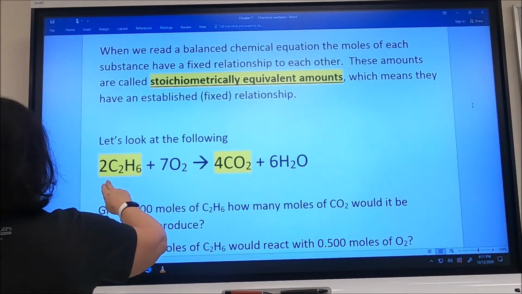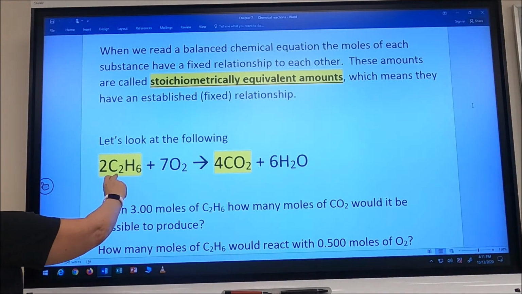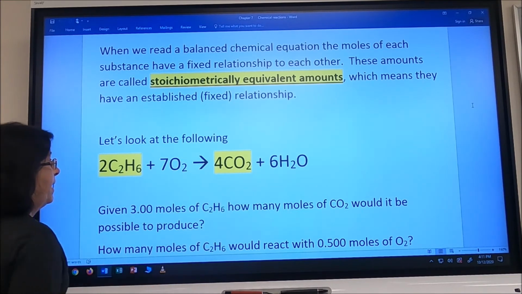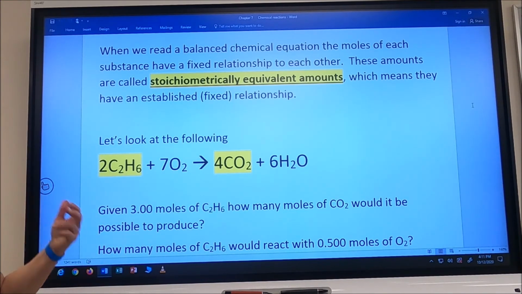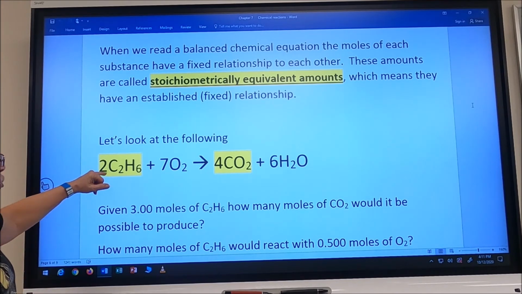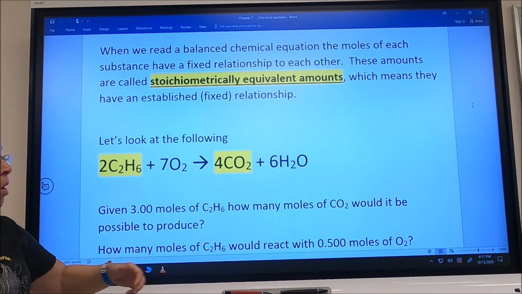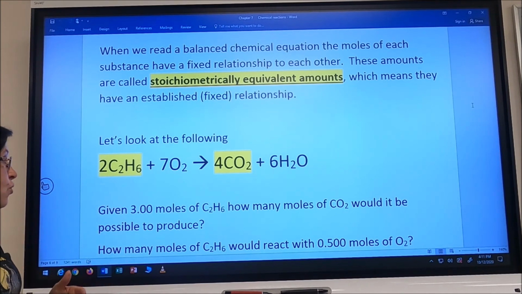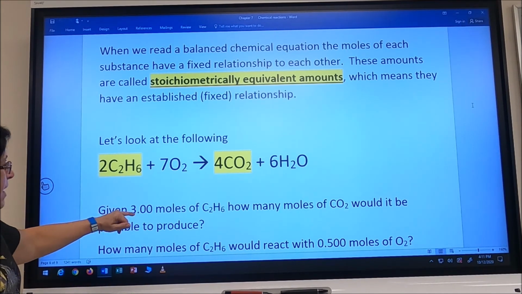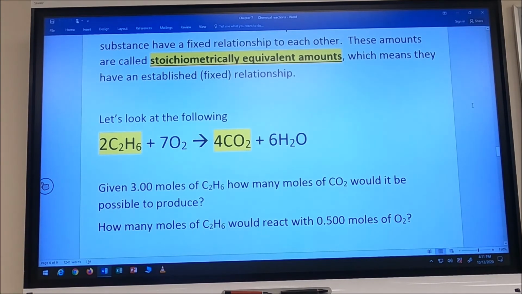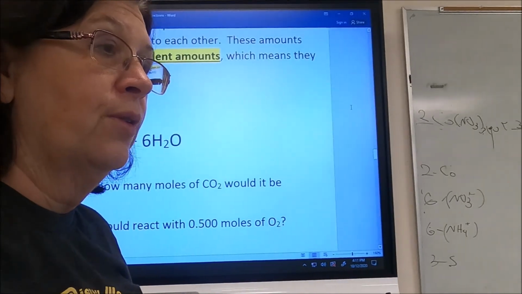So if we were to look at this one, I can say 2 moles of C2H6 produce 4 moles of carbon dioxide. That's a fixed relationship. Or I could say 2 moles of C2H6 need to react with 7 moles of oxygen. That's a fixed relationship. So if I was given 3 moles of C2H6, how many moles of CO2 can we produce?